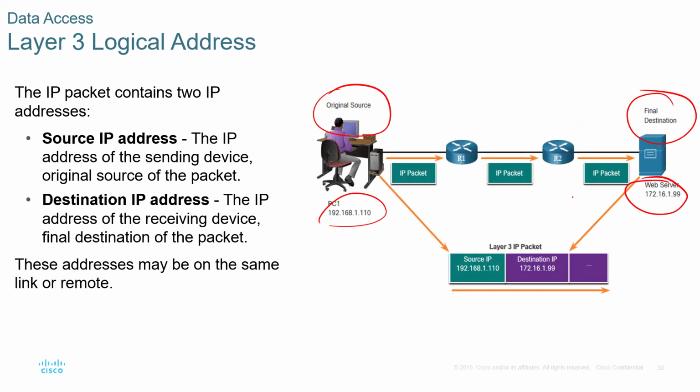The packet will have a format with a source IP and a destination IP, then the data from the application, and this will define what we call a header. There is also a trailer on this side. This part here is part of the layer 3 header, showing the source and destination IP address.